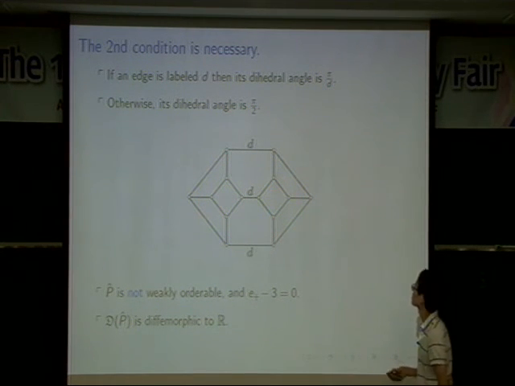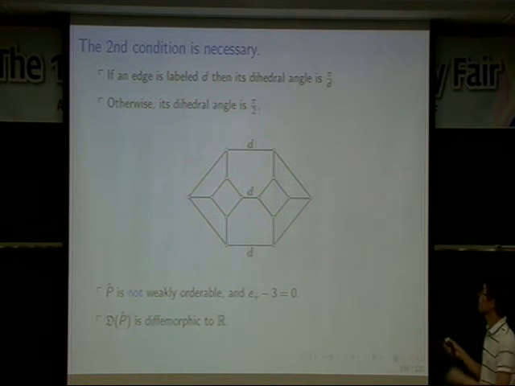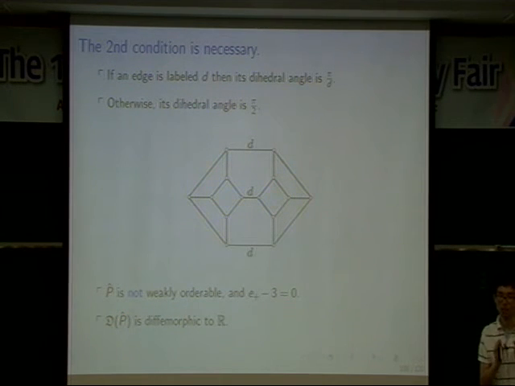So we consider along this hyperplane the bending deformation, and in fact this deformation space is deformable to R. So E plus minus 3 is 0, but still there is some deformation.